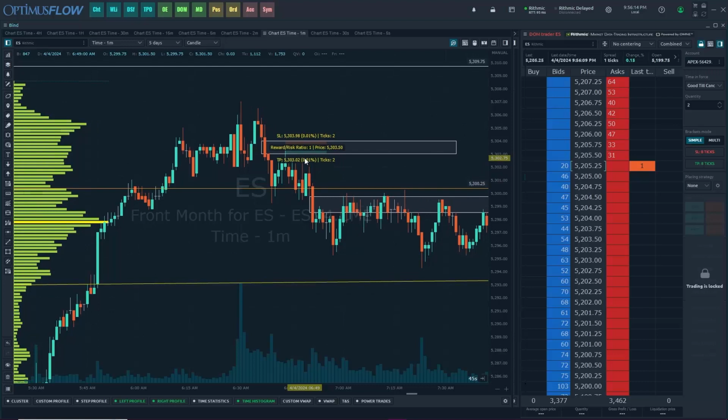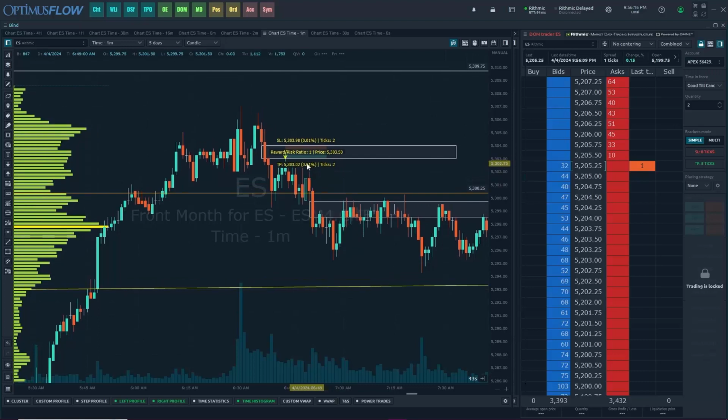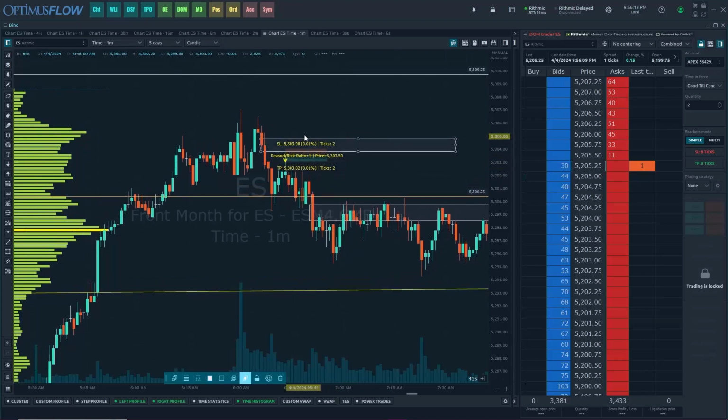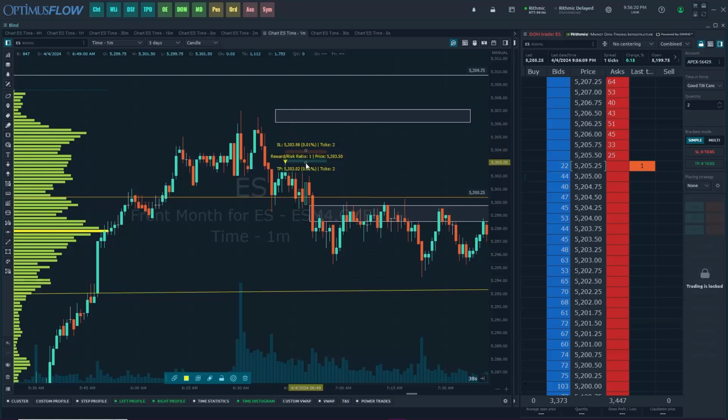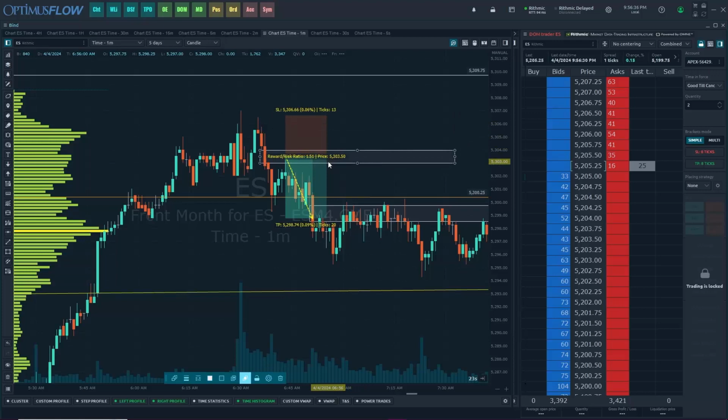I'm going to move that out of the way. So our take profit would be below this intermediate low, and our stop would be above the recent high, and we could quickly measure our risk to reward ratio.